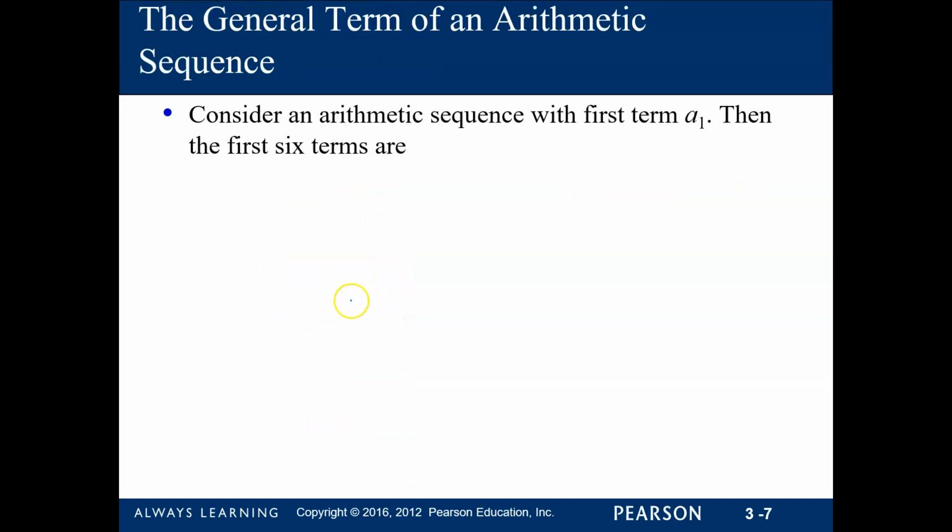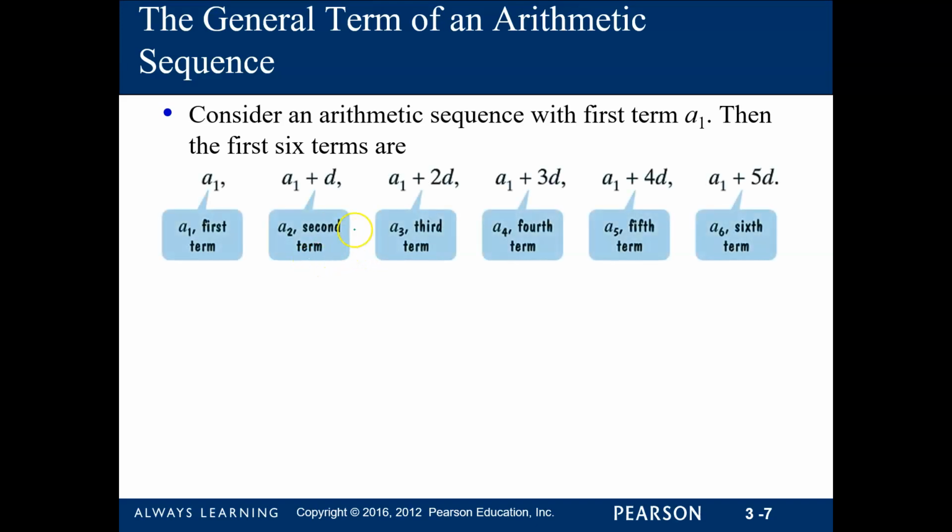All right, next. Now, if we are going to take a look in general at any term, we always represent the first as a sub 1, okay? And then the second term is always the first term added to the common difference. Now, to get the third term, you will notice that we add 2 of the common difference.